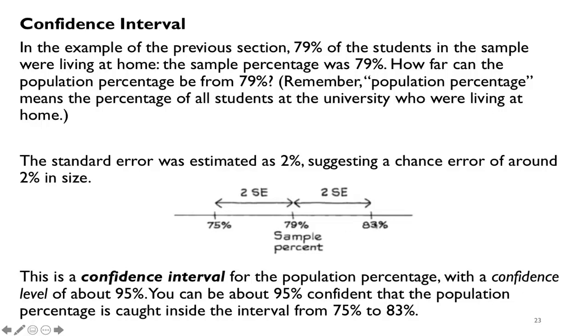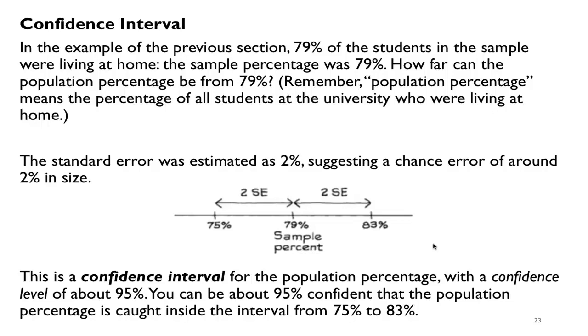So this is called the confidence interval for the population percentage, with a confidence of about 95%. That means that we are 95% confident that the population percentage is caught between this interval from 75% to 83%.